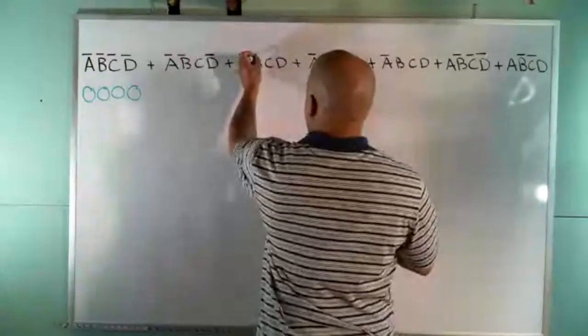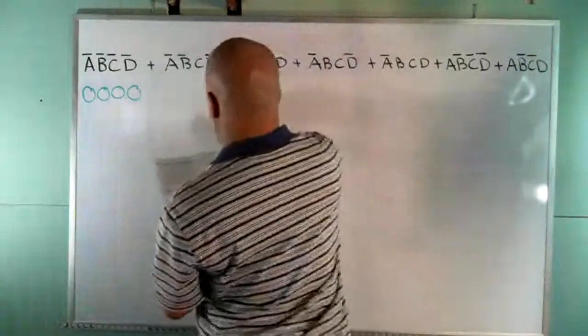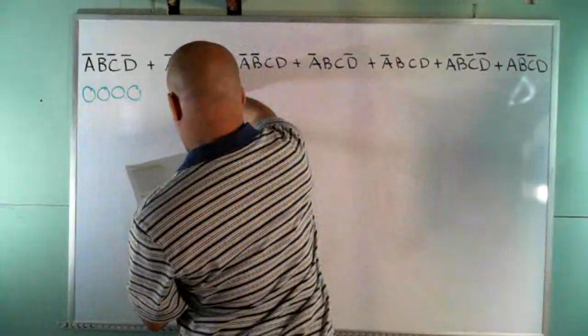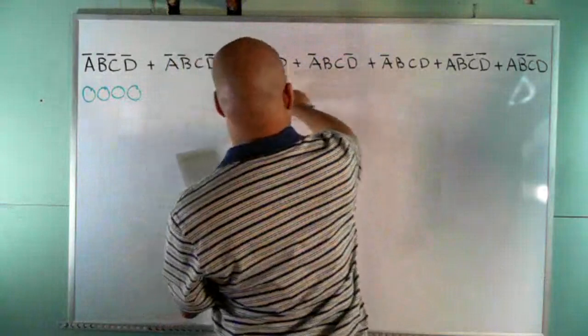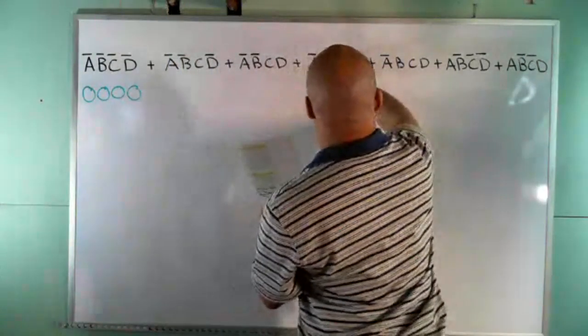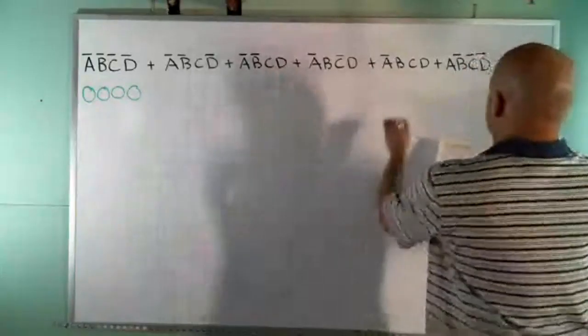This one should be knotted. So I got A. I got a knot there. This C should be knotted. And this D should be knotted.